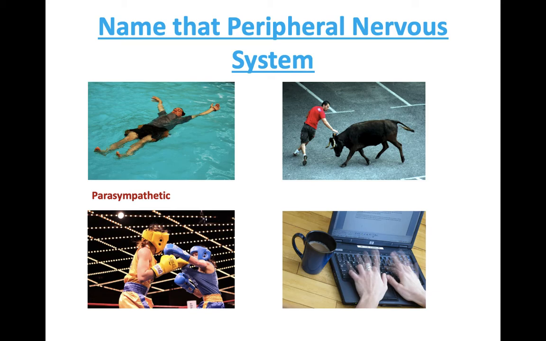The picture towards the upper right is our sympathetic nervous system, fight or flight, same thing with the lower left. And this one might be a little bit tricky, but this is our somatic nervous system. So not even our autonomic, but our somatic: we're making the voluntary decision to type an email or write a paper.